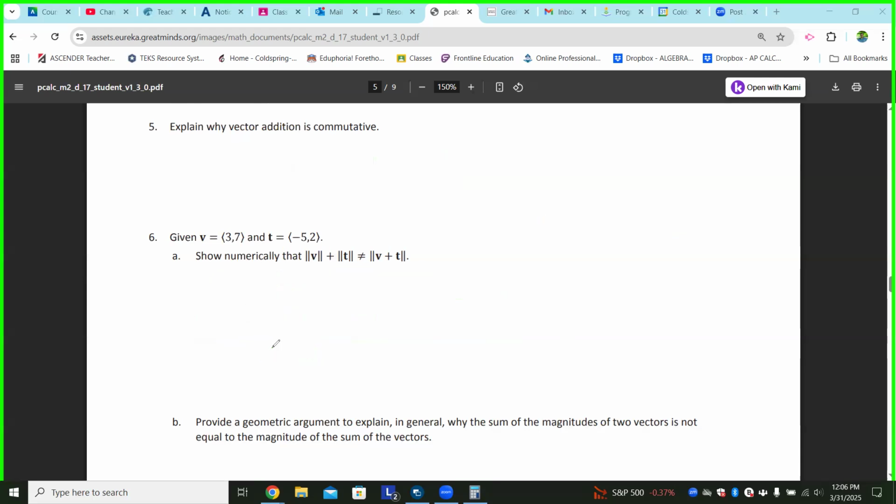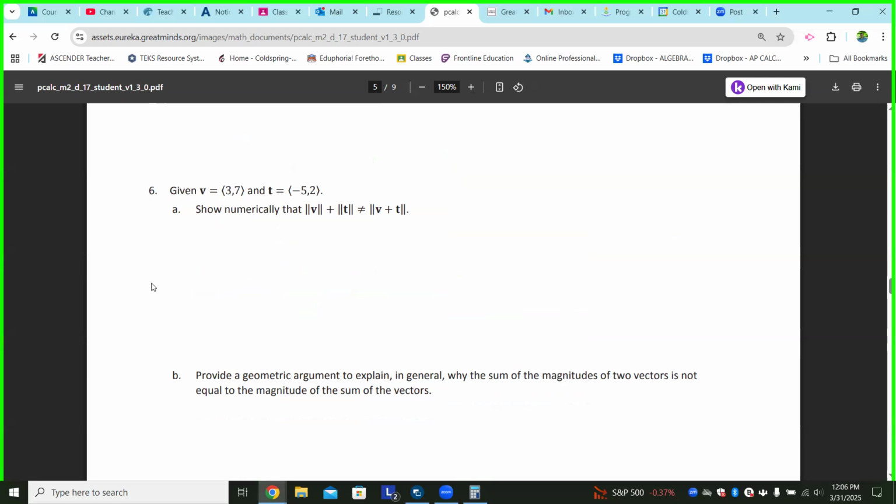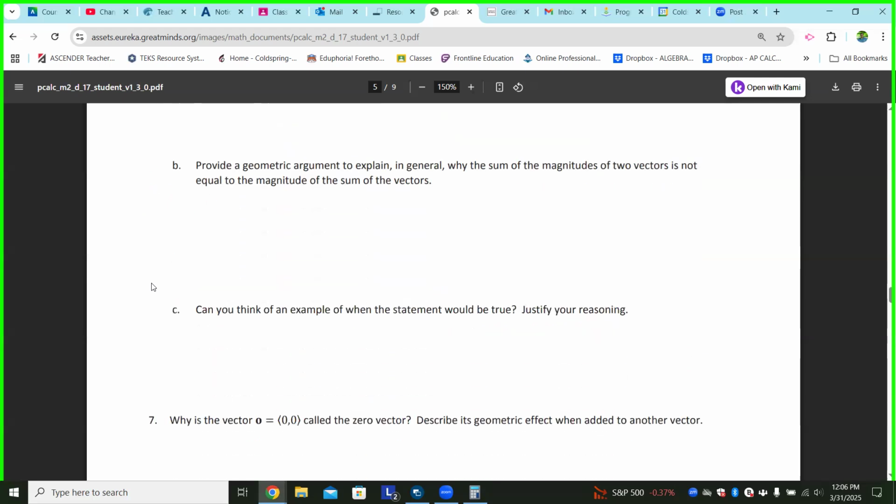However, if we look at it geometrically, this is going to be a rough sketch, but you'll get the idea. Let's take that last one we got. This was t, this was v plus t, right? What does magnitude mean? The distance, right?